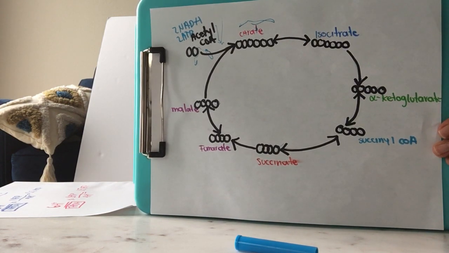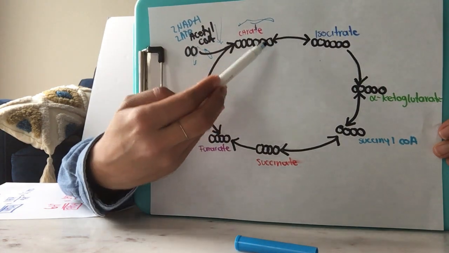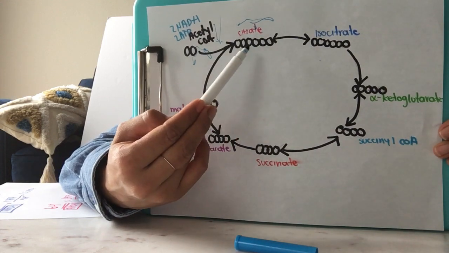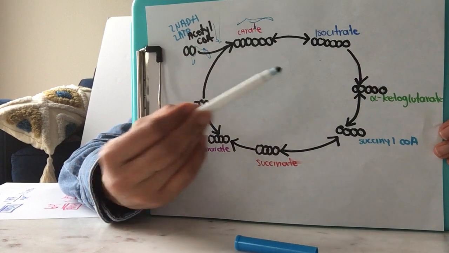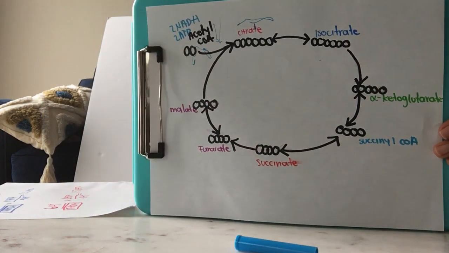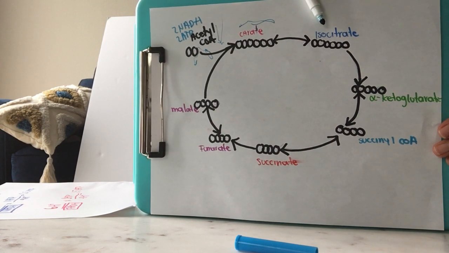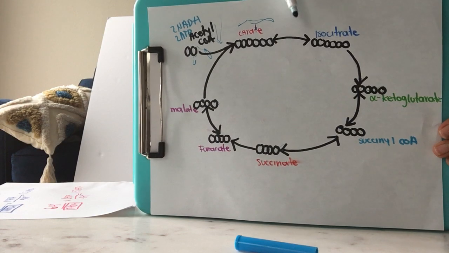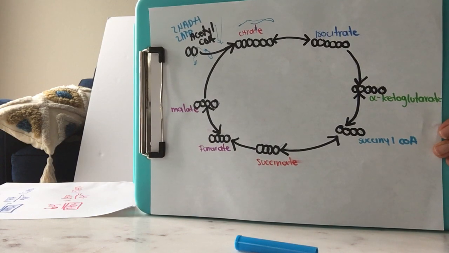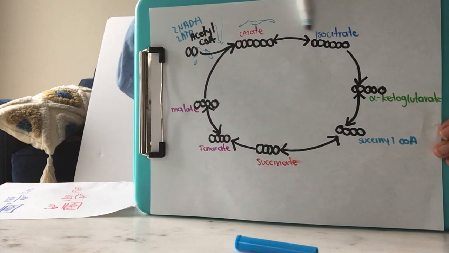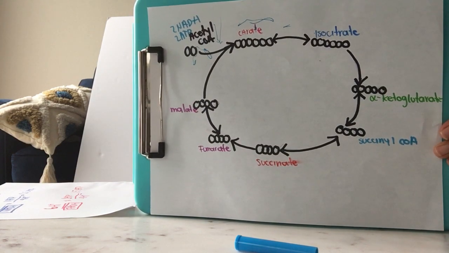The citrate then is converted into isocitrate. This is an isomerization reaction. So basically there's the same amount of molecules, but they change in location. This citrate converting into isocitrate occurs with the help of aconitase, which allows this to be a reversible reaction. You can see here.